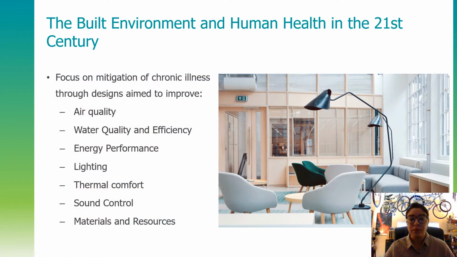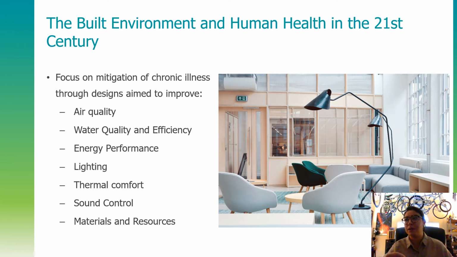And essentially until early 2020 and the introduction of the current pandemic, the primary public health problems were chronic disease rather than infectious disease. So we have a lot of people thinking of ways, how to design buildings and infrastructure to reduce chronic illnesses that have been associated with poor air quality, water quality, poor lighting conditions or thermal comfort.